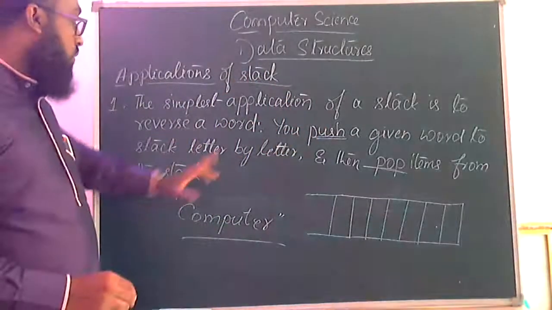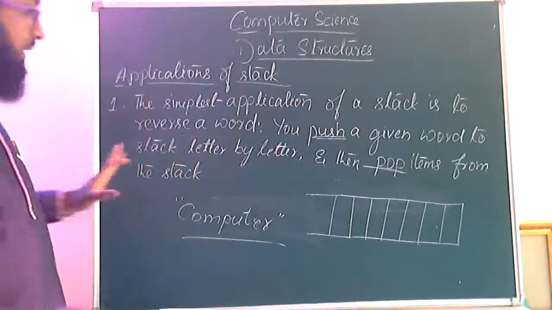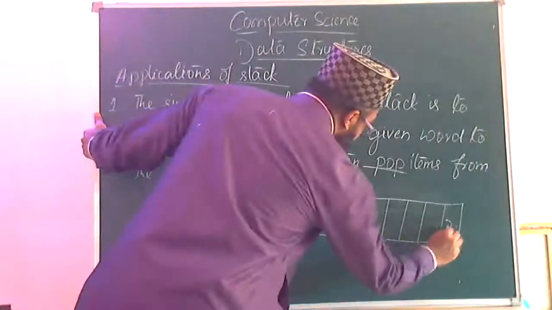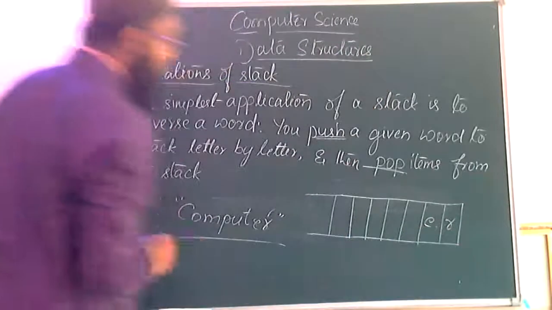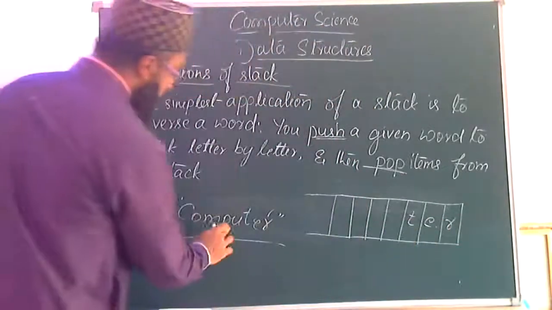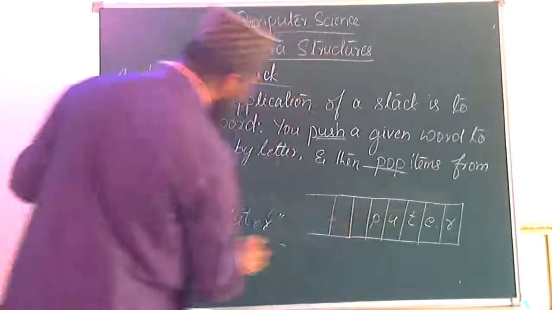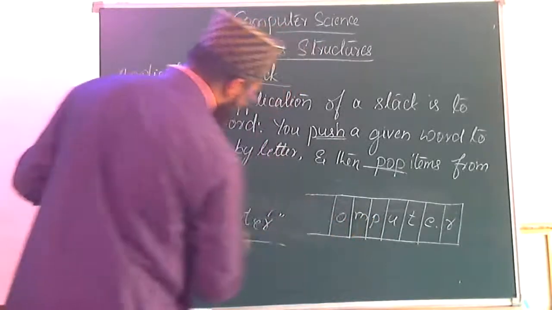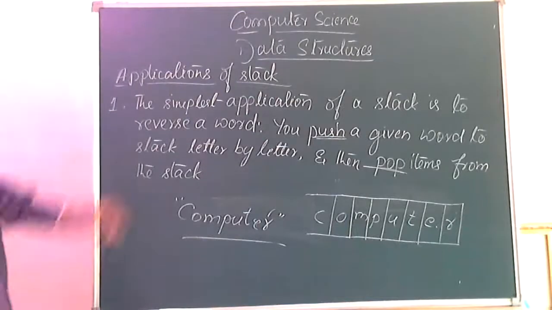Now we want to push a given word into the stack letter by letter. How do we put it? First we will insert R, then E, then T, after that U, then P, then M, then O, then C. Like this we have inserted.